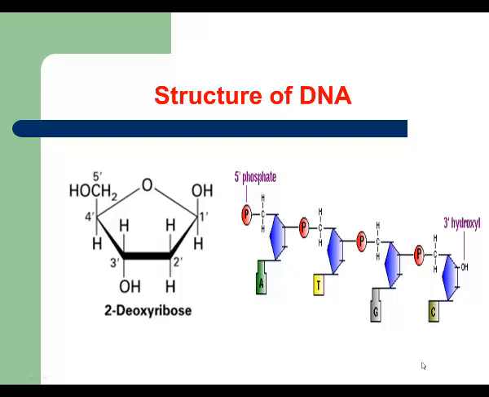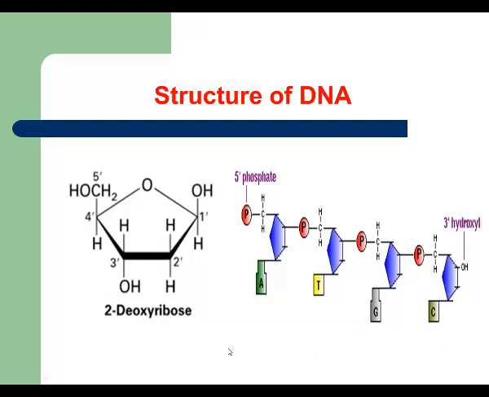On the left side of this slide, you see the formula of deoxyribose, sugar. As you see, deoxyribose is not a symmetrical molecule. Also, you have to know that the deoxyribose molecule has 5 carbons in its structure, and each carbon has its own name.